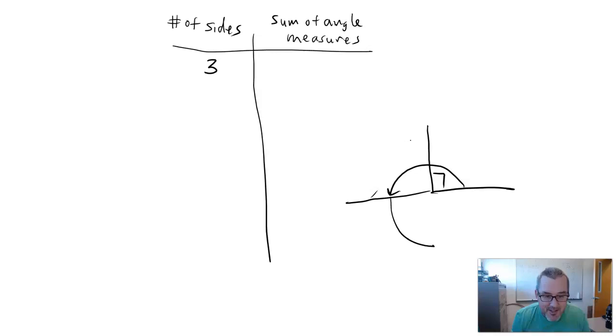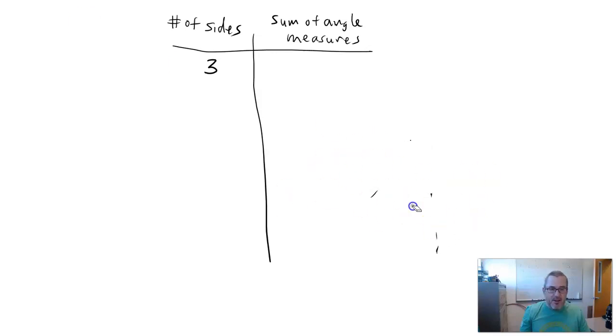And if you went to here, that would be 270 degrees. And if you went all the way around once, that would be a full 360. So keep that in mind: 90 is a quarter of a turn, 180 is a half a turn, 270 would be 3/4 of a turn, and then 360 would be the full turn.